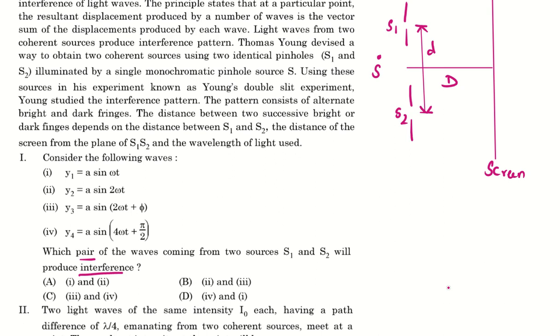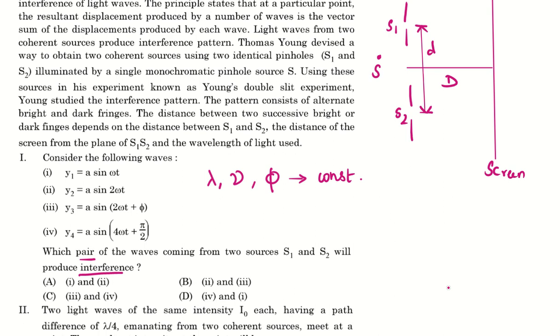We have to remember first that only coherent sources can produce an interference pattern. Coherent means they should have the same wavelength, same frequency, and a phase difference can be there, but it should be a constant phase difference that does not change with time.